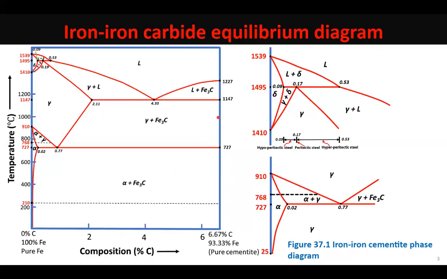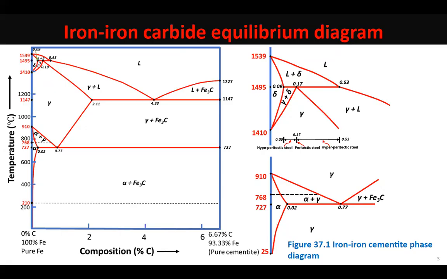So in the next slide, though I have just put down the headings only, listen very carefully. I'll talk about what exactly these phases are. Are they solid solutions or are they intermediate phases? And I'll also discuss some of the characteristic properties which these phases show.